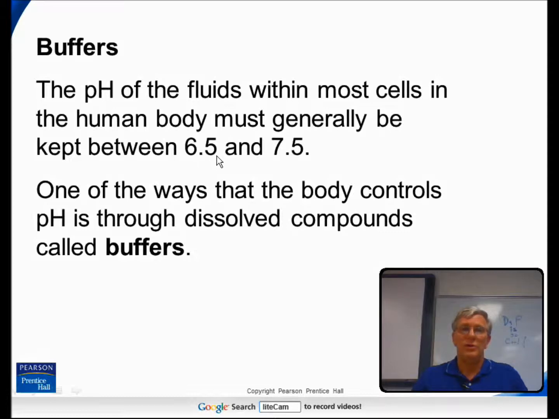Our body fluids, particularly our blood, has to be maintained between 6.5 and 7.5. And if it changes much up or down from that, those enzymes become denatured, as we just mentioned. So we have what's known as buffers in our blood to help regulate the pH.